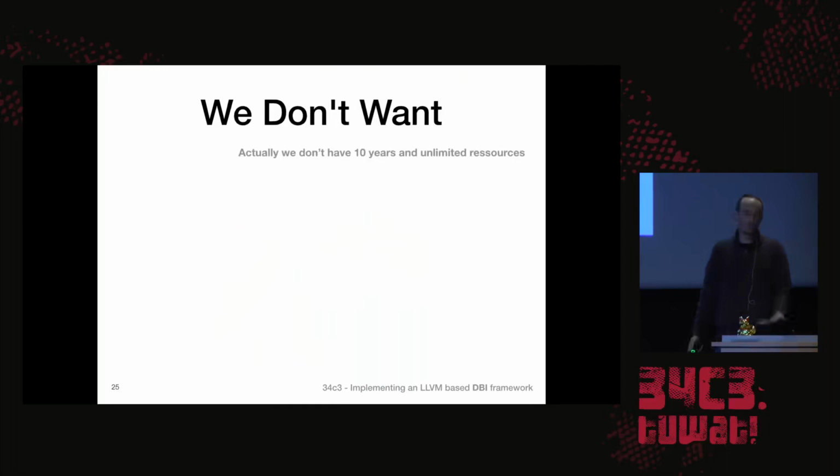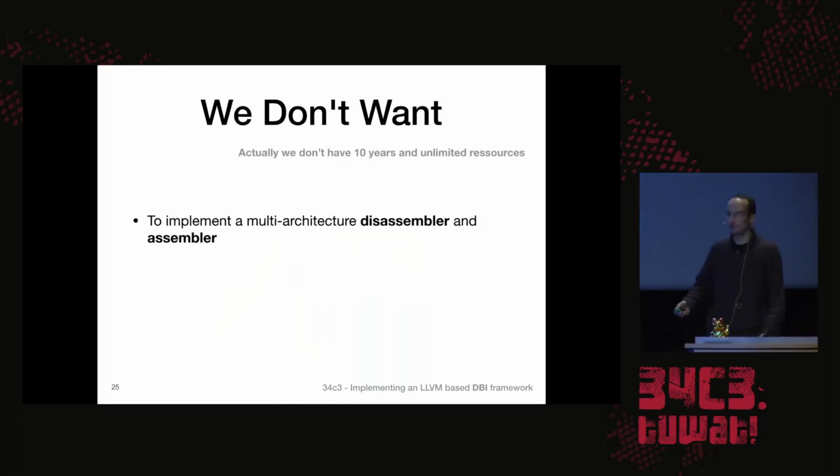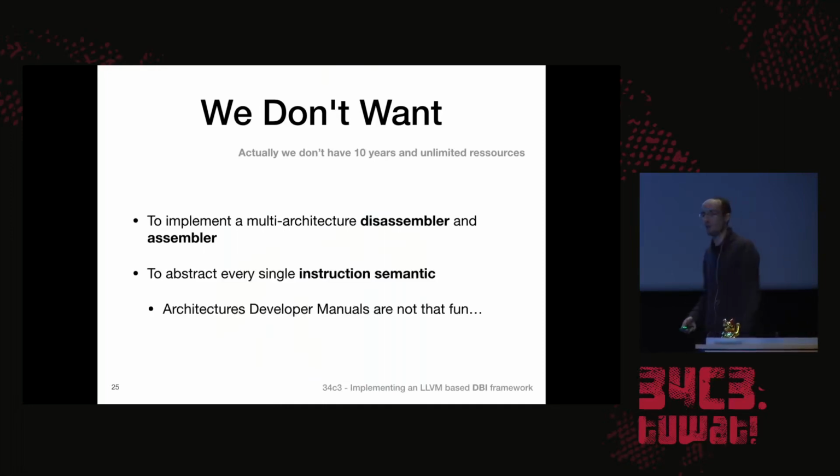And also, what we don't want: we don't have unlimited resources. So if possible, we don't want to implement a multi-architecture disassembler and assembler. And also, for the intermediate representation, we don't want to parse every single manual for every CPU of every single architecture we want to support, because I like developer manuals, but they are not that fun.